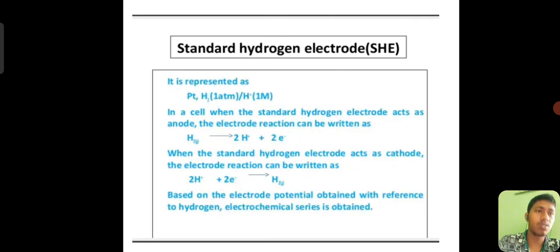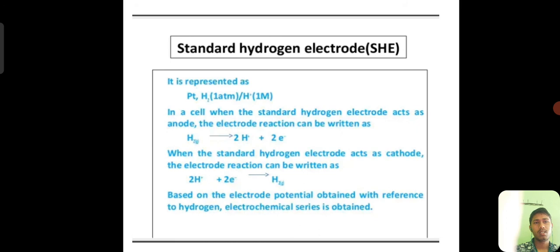The standard hydrogen electrode is represented as platinum, H2 at 1 atmosphere, H plus of 1 molar. When the standard hydrogen electrode acts as an anode, the electrode reaction can be written as H2 gives 2H plus plus 2 electrons.